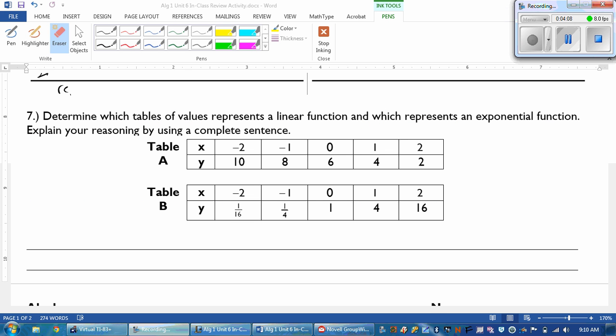Let's look at number 7. It says determine which table of values represents a linear function and which represents an exponential function. Explain your reasoning by using a complete sentence. Okay, so let's look at table A first. Let's look to see what's going on between your y's.